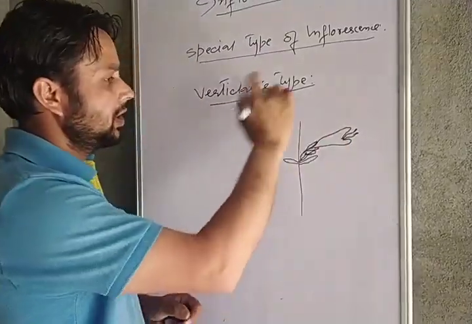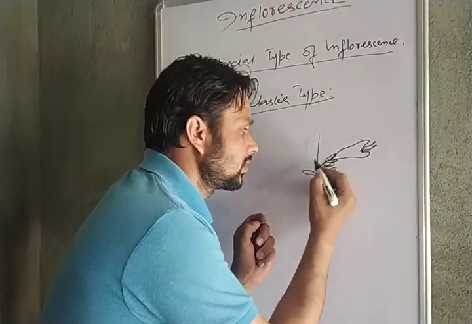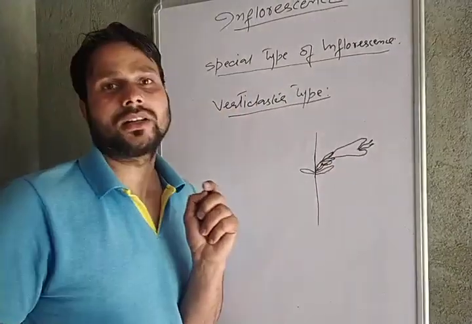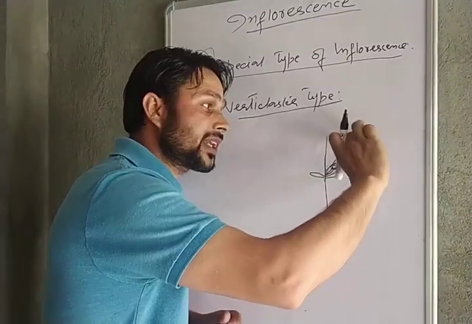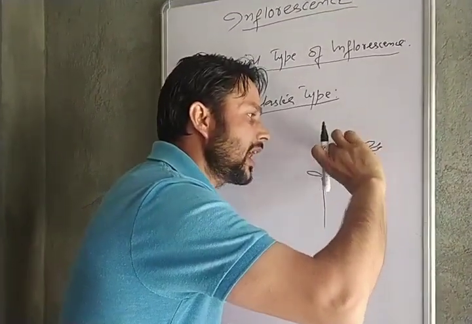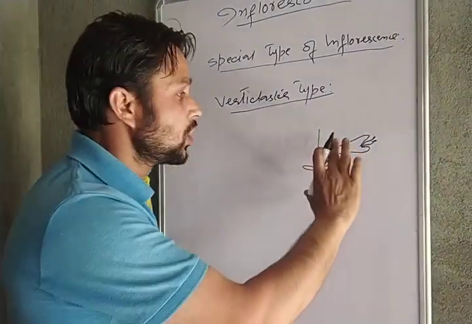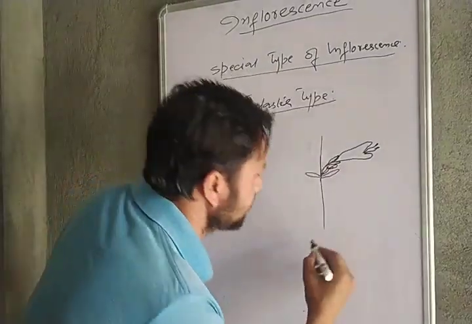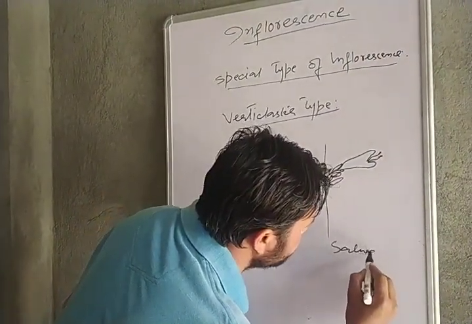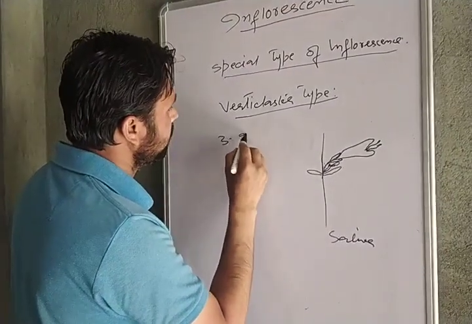In verticillaster, 3 to 9 flowers arise on the opposite sides of the axil. And these are biparous, that means dichasial cyme, and end with monochasial or monoparous cyme. This is the special type of inflorescence which occurs in Salvia.